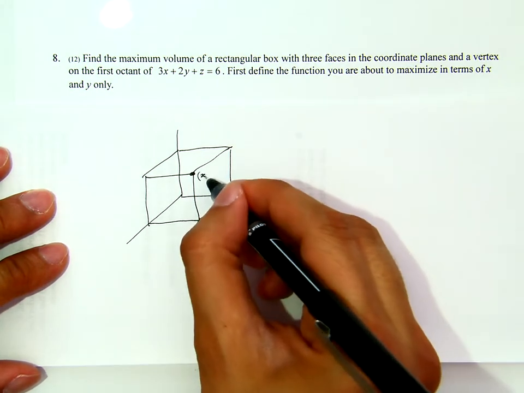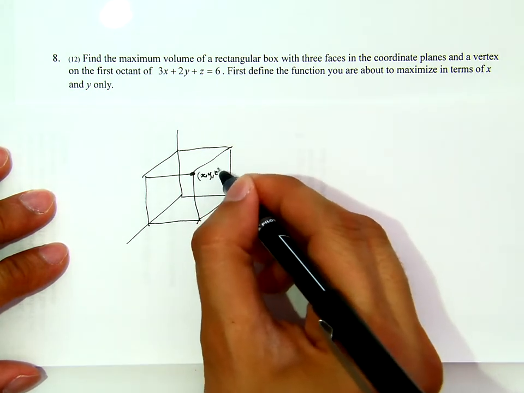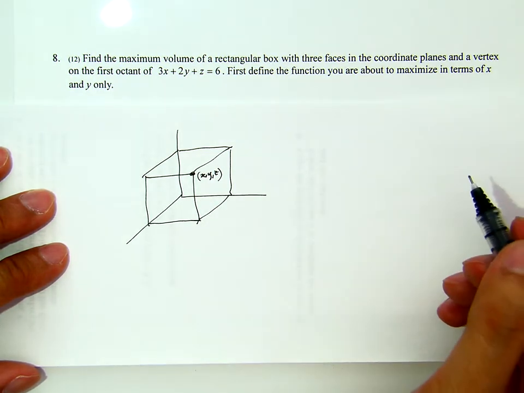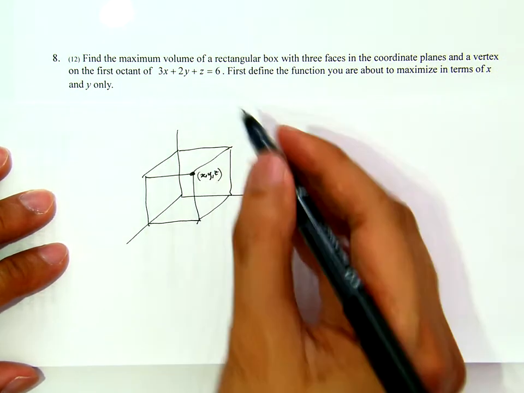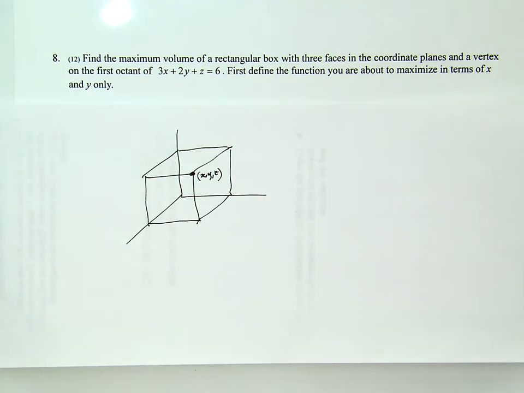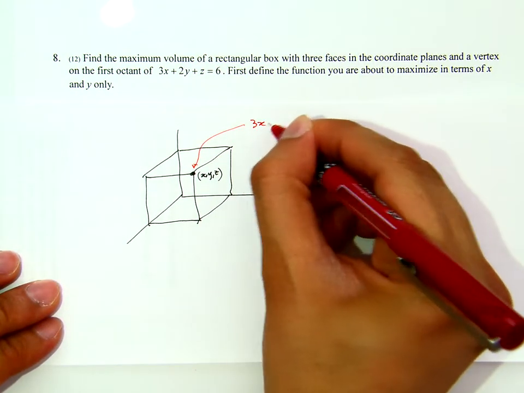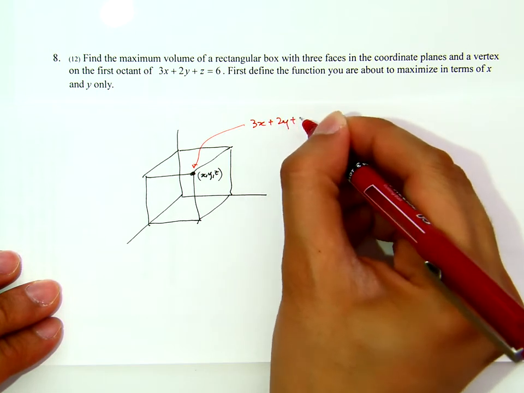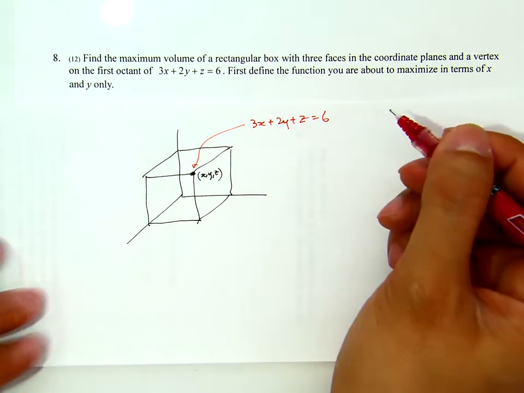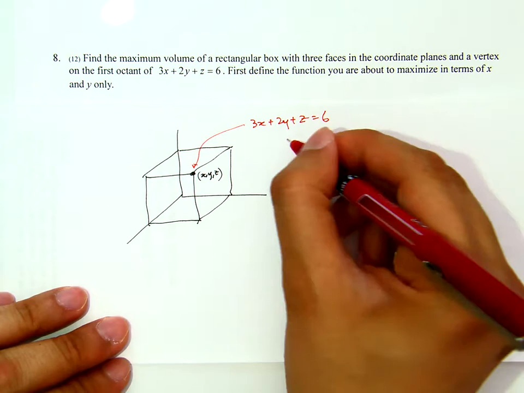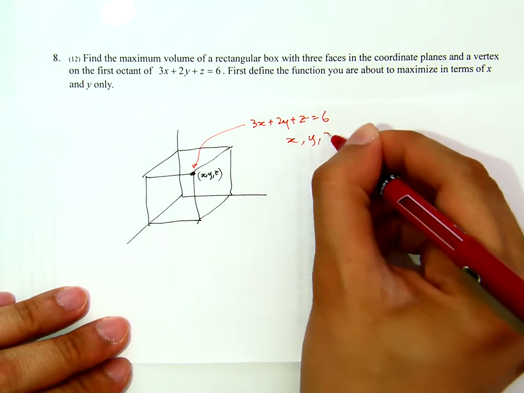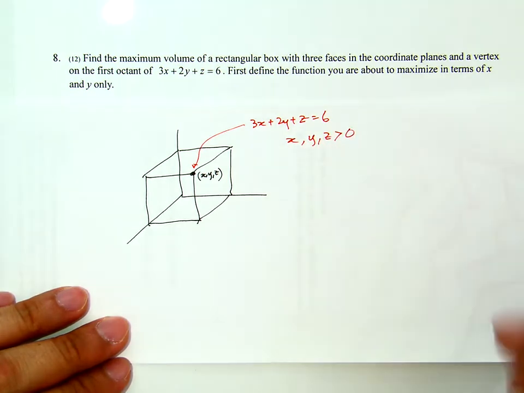Let's call that (x, y, z). This vertex has to be on that plane, so this point should satisfy 3x + 2y + z = 6. Now I hope you can see right away that x, y and z are all non-negative, because it is in the first octant.